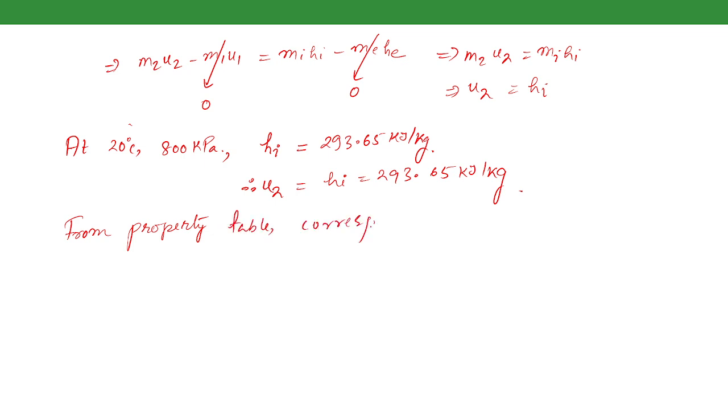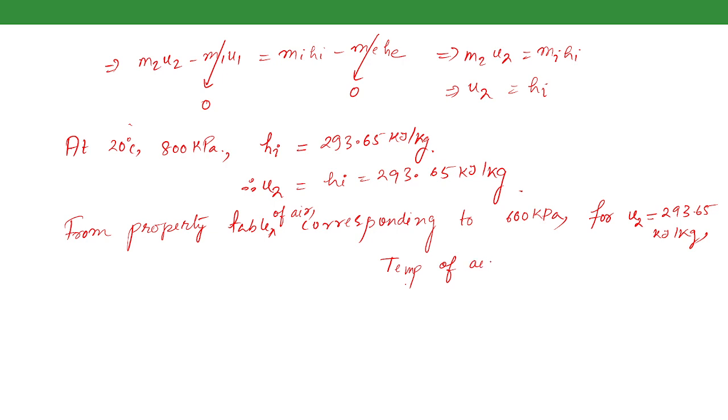Corresponding to 600 kPa, this pressure remains constant, for internal energy equals 293.65 kilojoule per kg, we get the temperature of air T2 to be equal to 410 Kelvin.